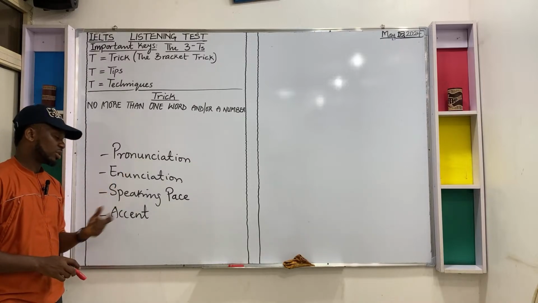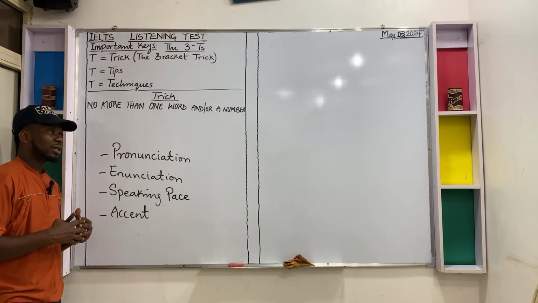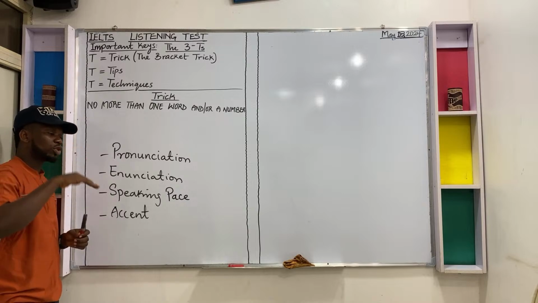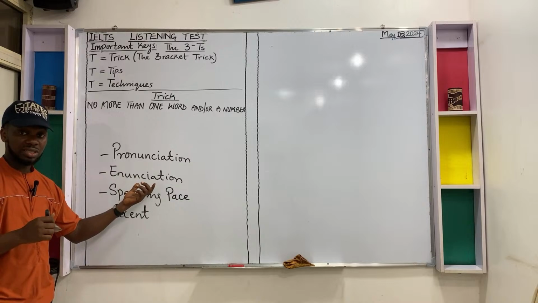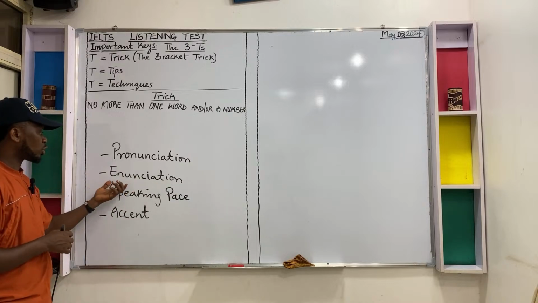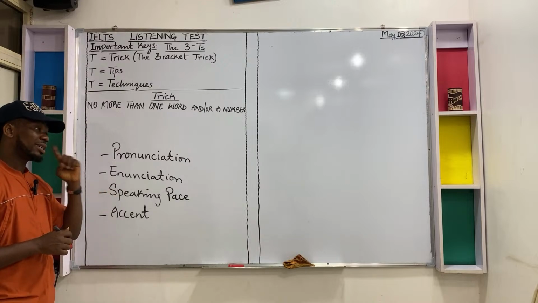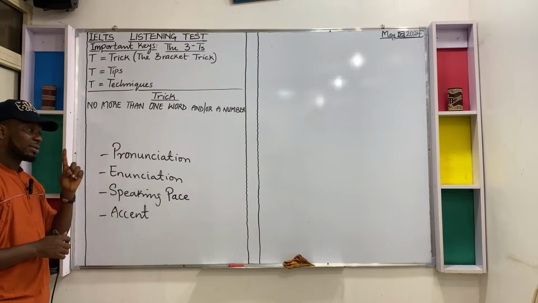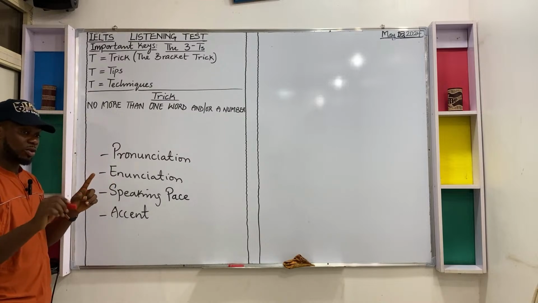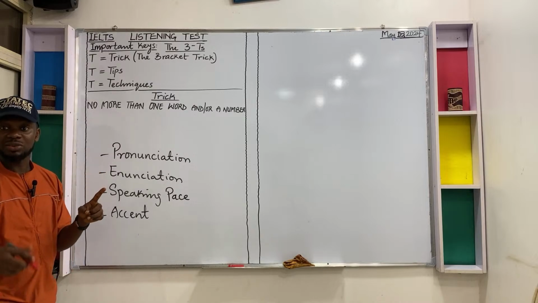Then enunciation. Enunciation, in a way, implies how they modulate their voices and hit syllables while they are pronouncing words. So you want to also get used to all of that so that it will help you to be very sure of the words you've heard, especially for the fact that you need to spell on your own. So when you hear the right words, you are able to spell the right words.